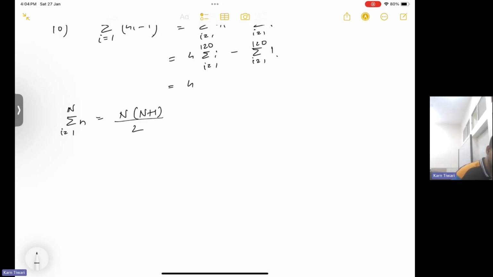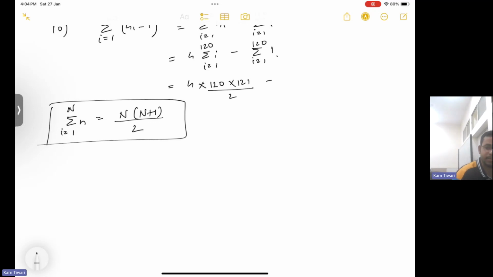This is all you need basically. So you can write it as 4 times 120 into 121 divided by 2, and the second is just the summation of a constant term up to 120, that is 120. I guess you can solve the further steps.